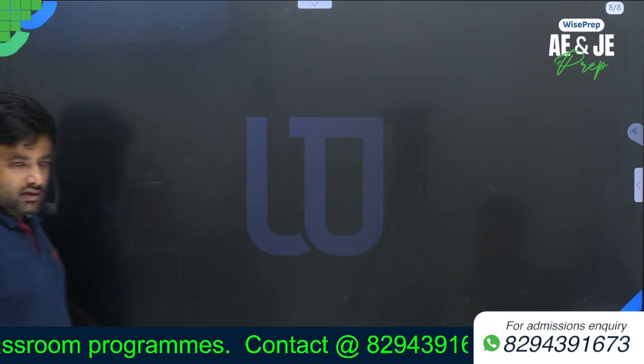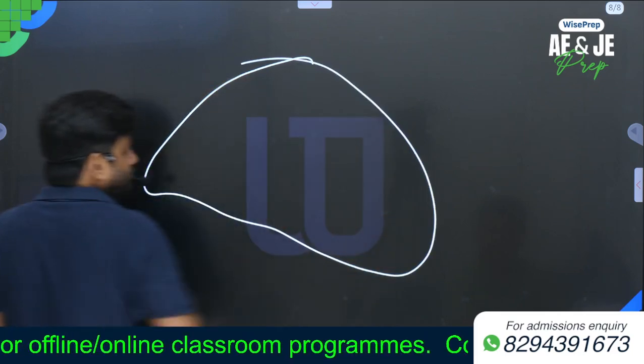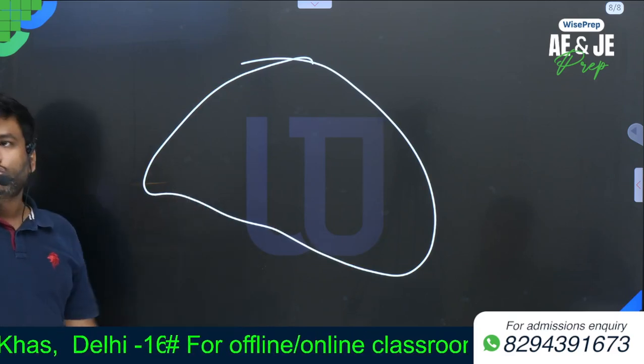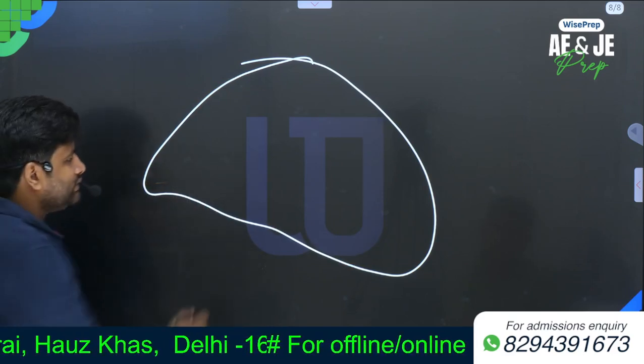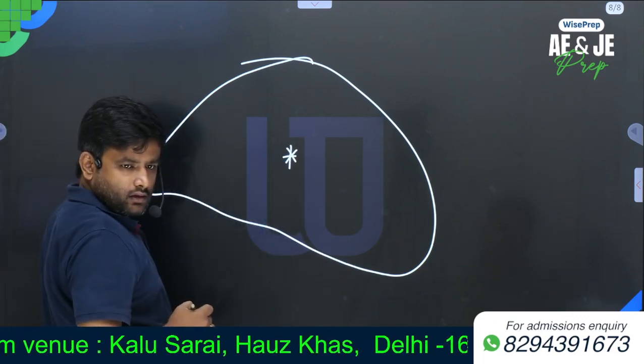Now let's see here. Suppose this is the area to be surveyed. What I am observing is that the central point of this area is here.